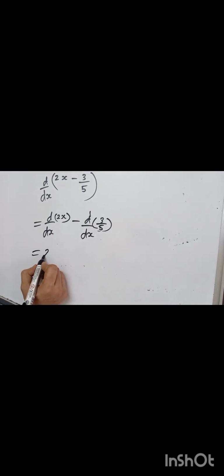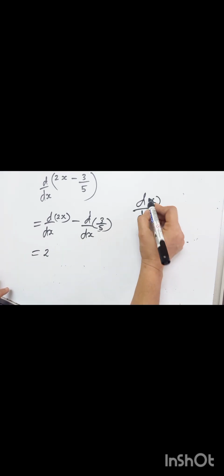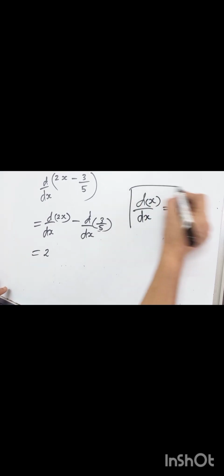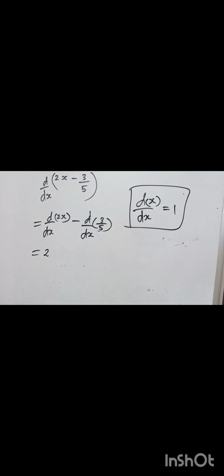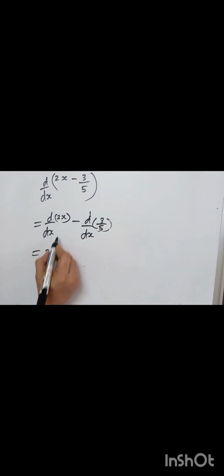What will be the expression? 2 and the derivative of x. Instead of doing x to the power 0 and all, directly you can write the derivative d by dx of x. This you can learn by heart, d by dx of x will be 1. The derivative of a variable x with respect to x, d by dx of x, is 1.